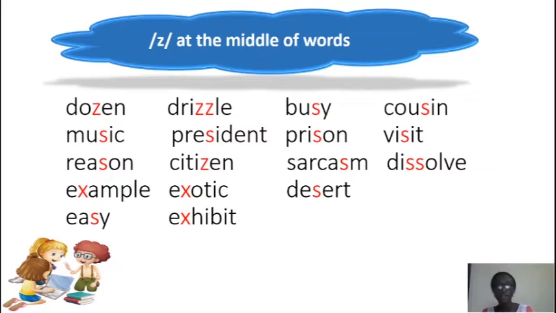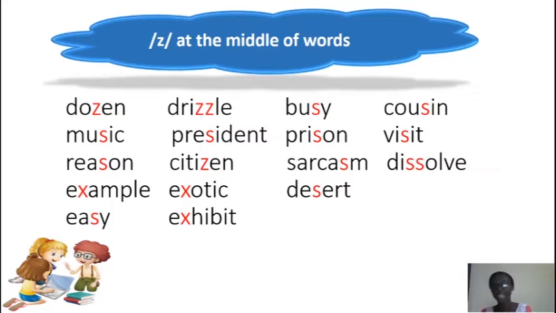We have cousin, music, president. That's S giving us the sound. Prison, visit, reason, citizen, sarcasm, dissolve, example.